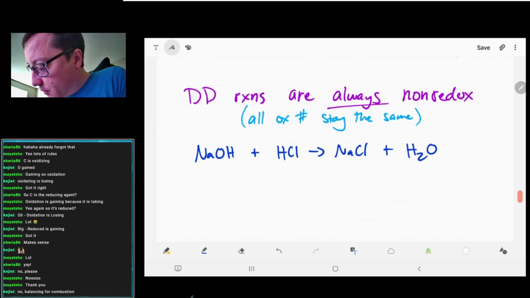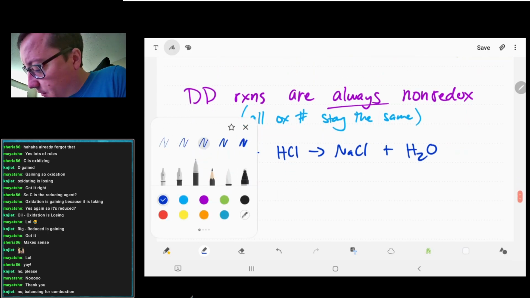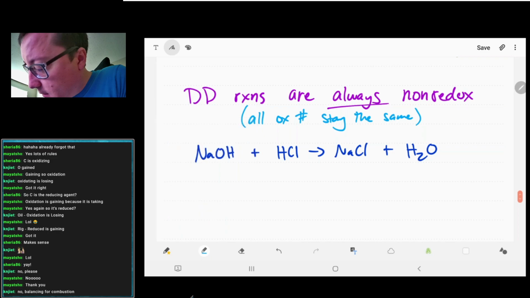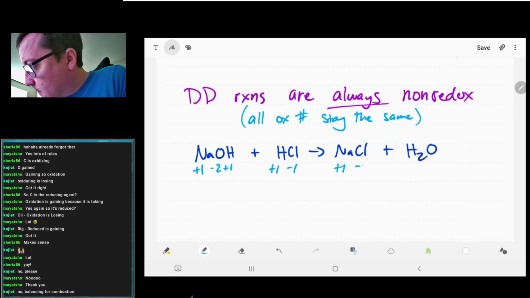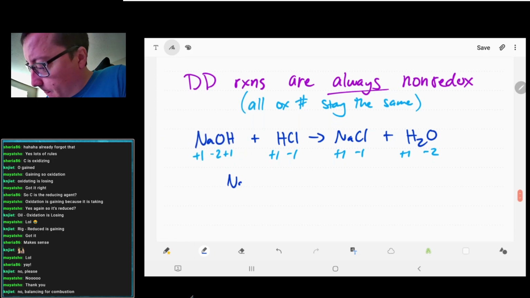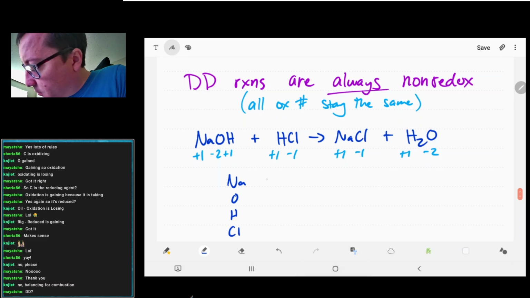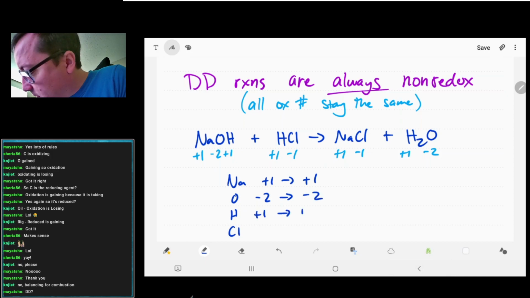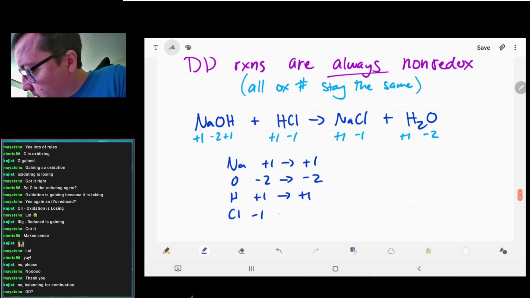If we were to look at the oxidation numbers of all these, since we're out of time, I'll just write them all. We have sodium going from +1 to +1, oxygen -2 to -2, hydrogen +1, chlorine -1 to -1.